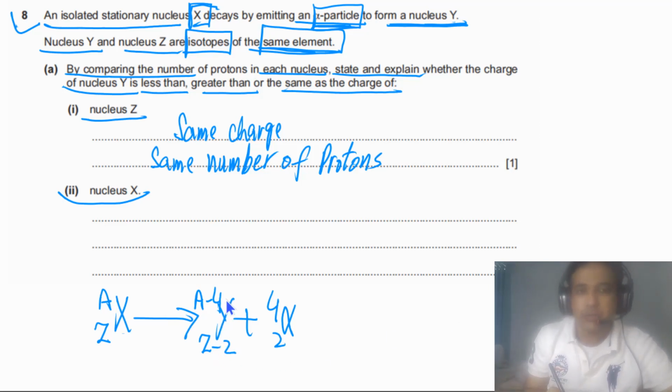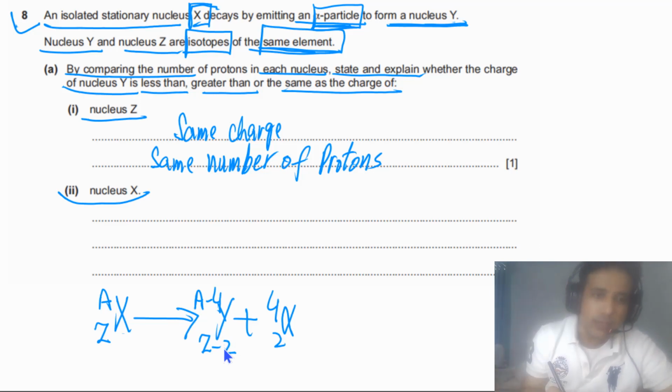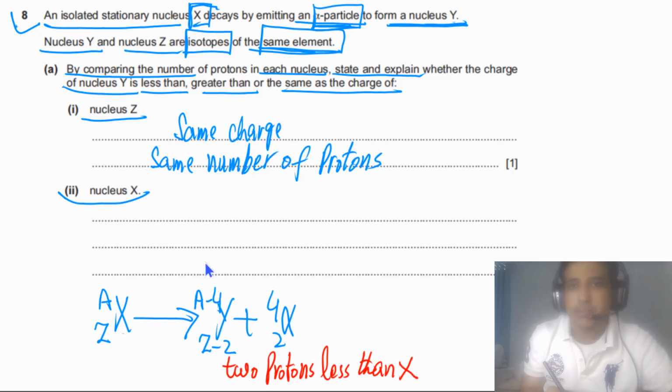Now we need to understand the meaning of minus 2. Minus 2 means that Y has 2 protons fewer than nucleus X. So we can say 2 protons less than X. It simply means that Y has less charge.